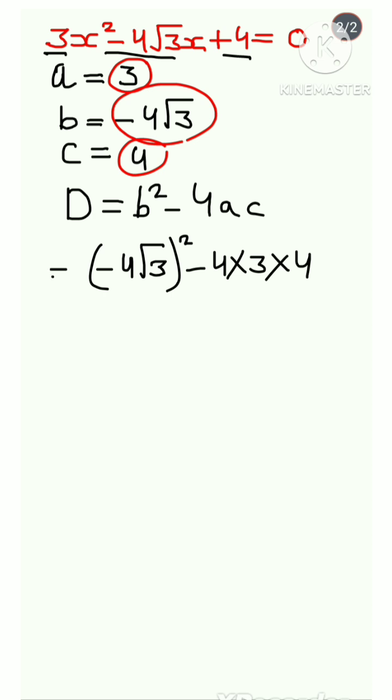Now here, firstly the square of minus 4 will be plus 16, and this square and the sign of root will cancel, and only 3 remains, and 16 into 3 we obtain 48, minus, and here also 4 threes are 12, 4 twelves are 48, and 48 minus 48, finally we obtain discriminant equal to 0.